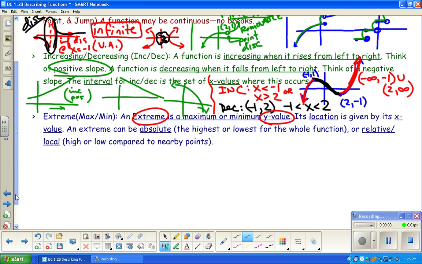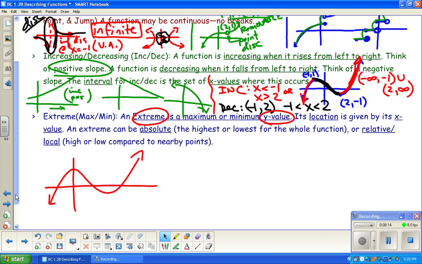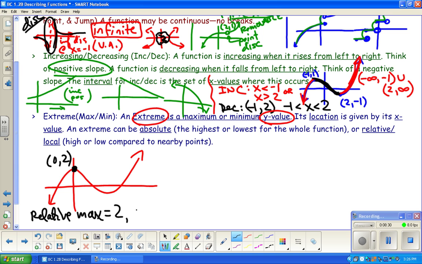So just a quick conceptual example. This point right here, let's just say it has an ordered pair of 0, 2. It is a relative or local maximum of 2, and its location is at x equals 0.